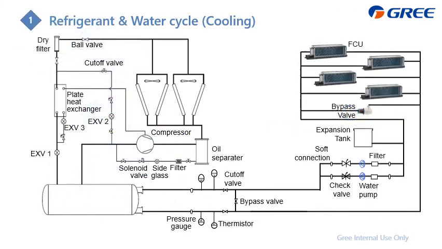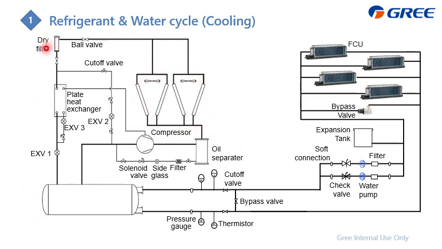These are the cycles. On the left side is the refrigerant cycle, and the right side is the water cycle. On the refrigerant cycle, you can find the compressor, oil separator, and the outdoor heat exchanger, tube and fin.